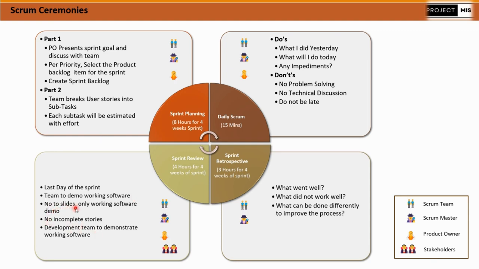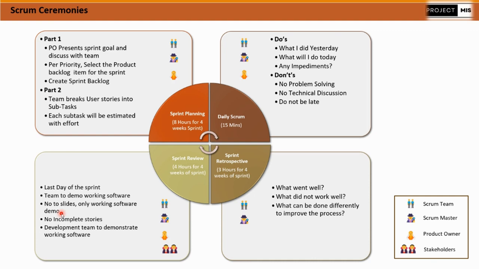No slides, only working software demo. I should not be preparing one slide where I talk about the sprint goal, how many user stories we started working with, what we have completed, what is in progress, and what we have to start working on. Nothing like that.